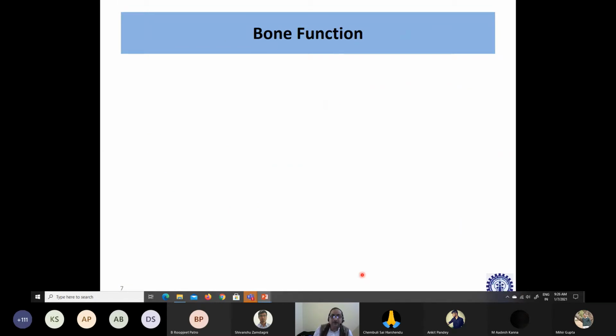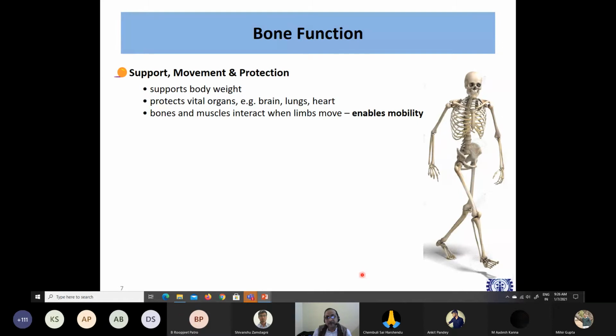Now, what is the function of bone? The first, most important function is to support the body weight. It supports the body weight, and it provides protection to vital organs.